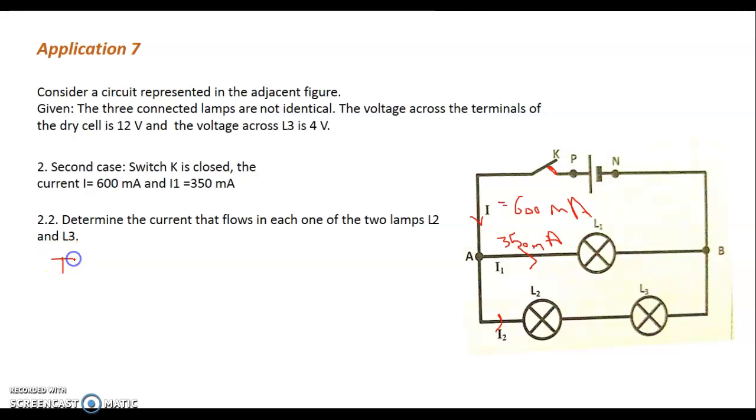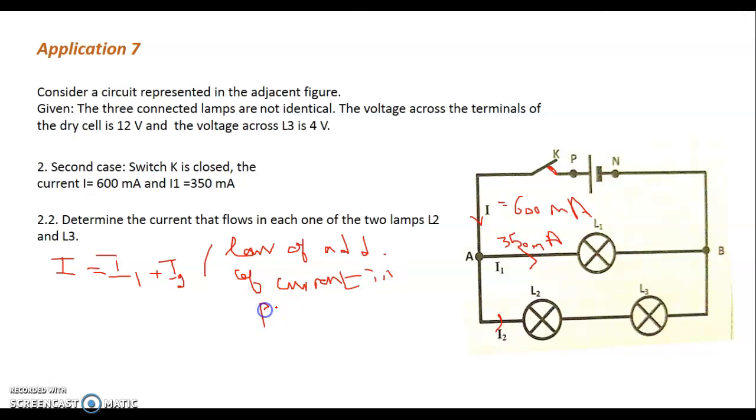So we say that I is equal to I1 plus I2 by the law of addition of current in parallel grouping, and we do the substitution.